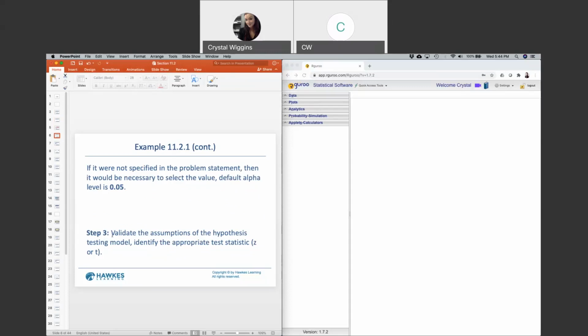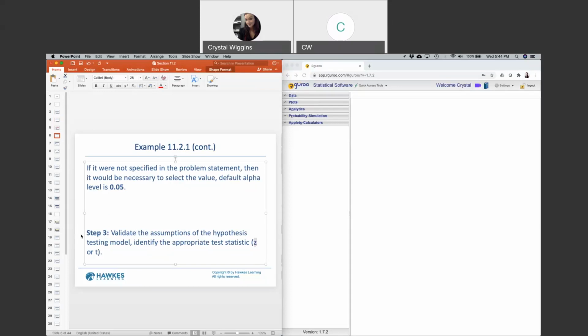Step 3 is to validate the assumptions of the hypothesis test and identify which test statistic we're going with, the Z or the T. So recall that in order to use a Z, we need to know the standard deviation for the population, and we need a sample size that is larger than 30, or the population is known to be normally distributed.